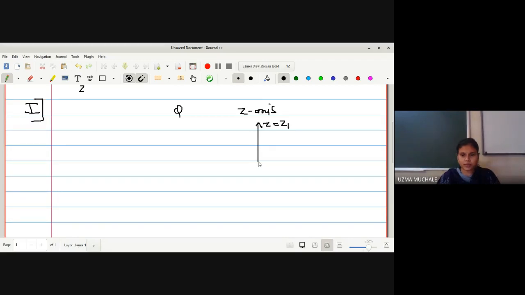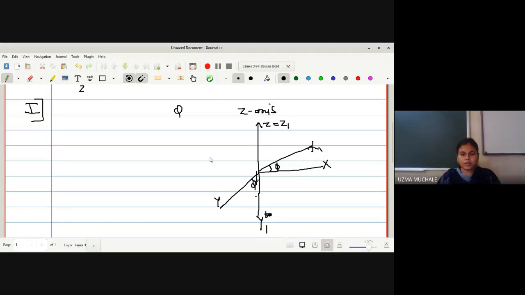Then x has been changed to say x1 and y is changed to y1, with the angle say phi, keeping z as it is.